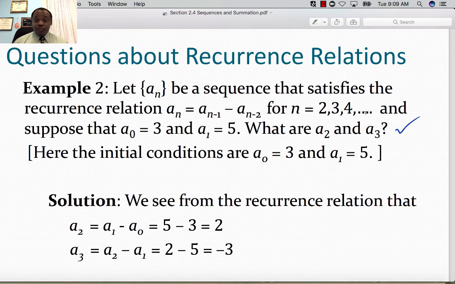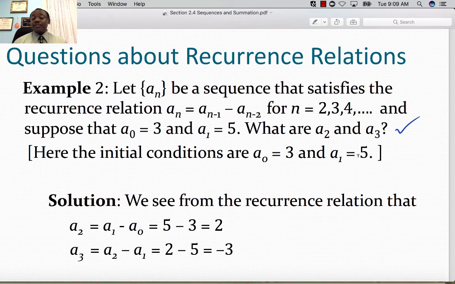You cannot go very far without initial conditions, because all I know is a_n equals a_(n-1) minus a_(n-2). So what is a_1? I don't know. What is a_2? What is a_0? So you need initial conditions. In this case, your initial conditions are a_0 is 3 and a_1 is 5.